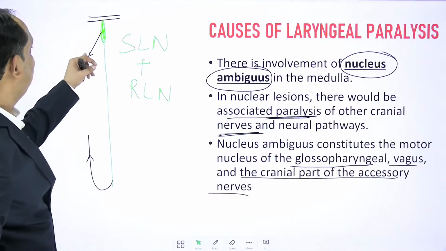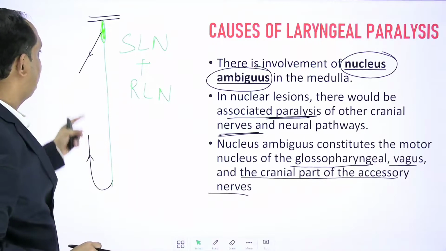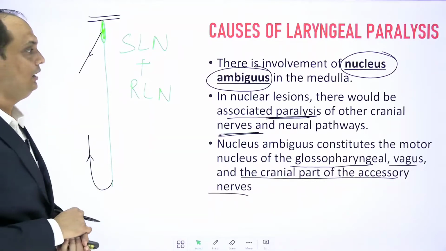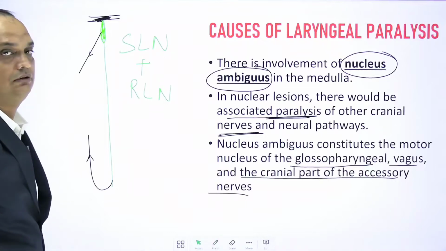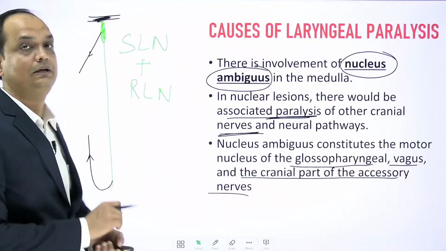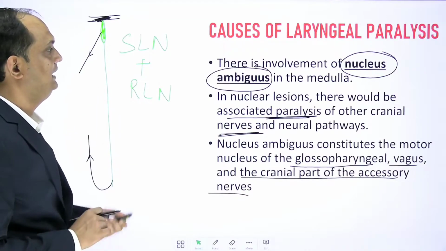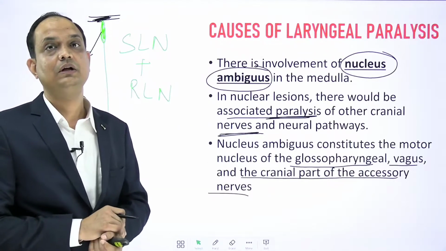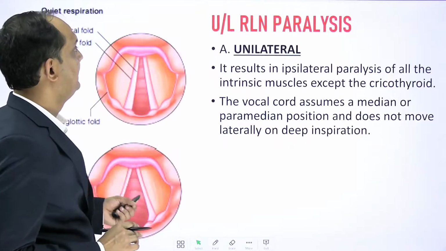So if there is an injury to the nucleus ambiguus, all the muscles which are supplied by these nerves will get paralyzed. Or if a higher injury occurs before the origin of superior laryngeal nerve, then also both the nerves will get damaged. So this is the important thing which you have to understand, that involvement of nucleus ambiguus is mainly responsible for the complete motor paralysis of the muscles.